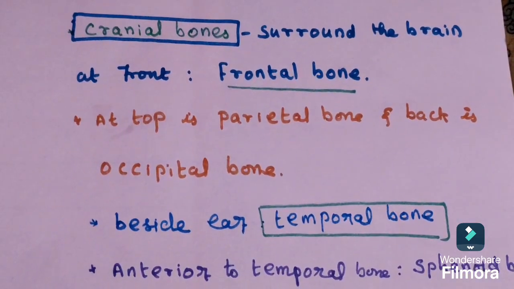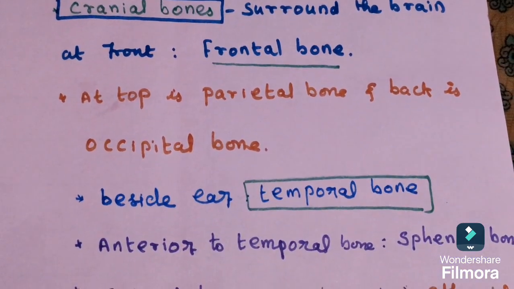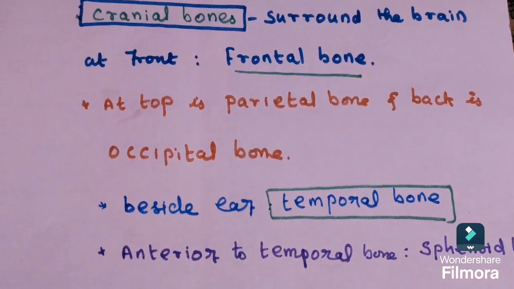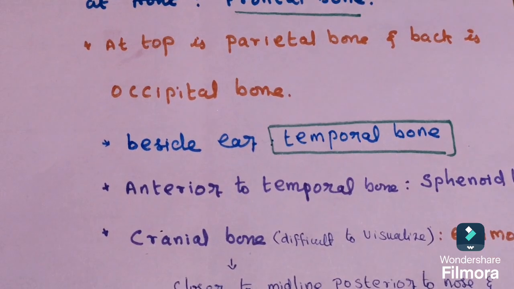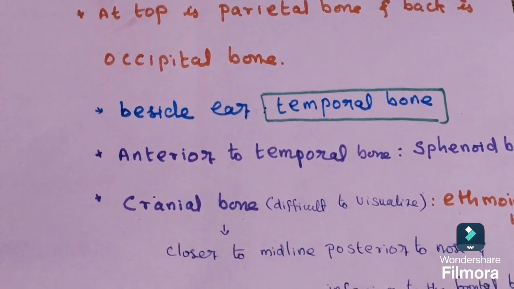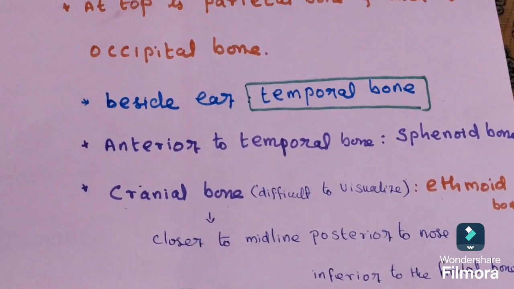At the top is the parietal bone and at the back is the occipital bone. Beside the ear is the temporal bone.